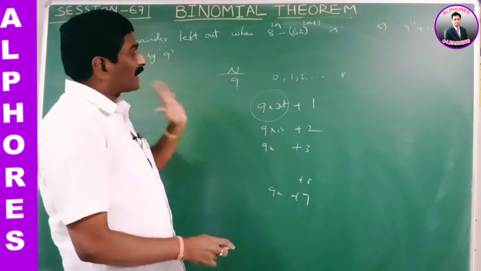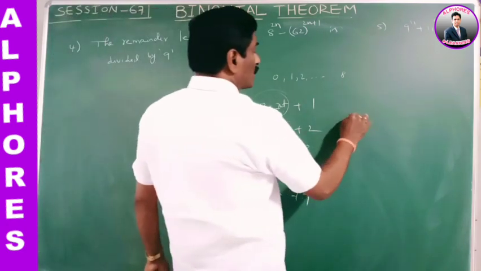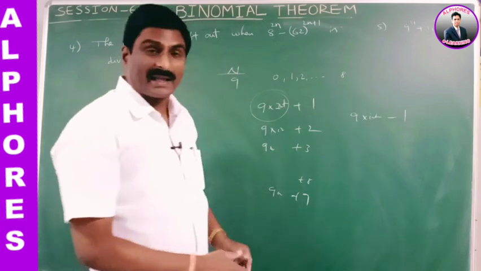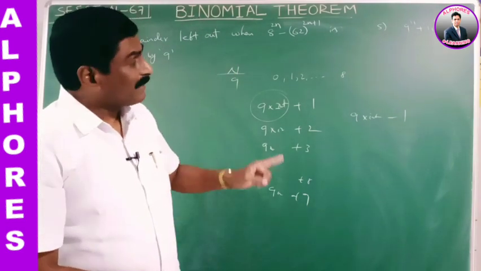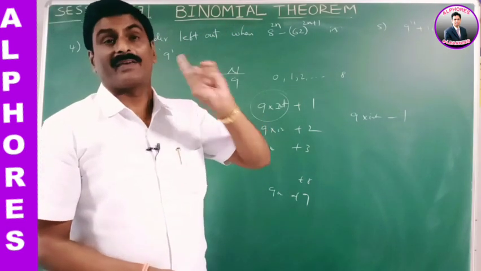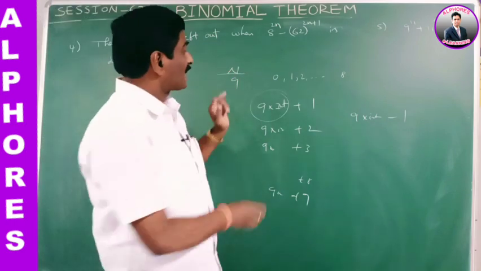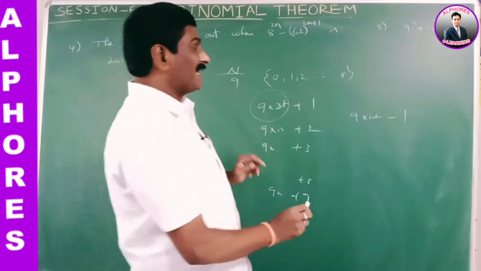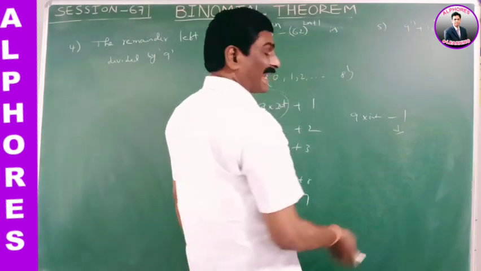Suppose the number is in this way: 9 into some integer minus 1. What is the remainder? The remainder never be negative. Please, very very important. Remainder always lies in the interval 0 to 8 only. Remainder never be negative. That means it can be reduced into minus 9.